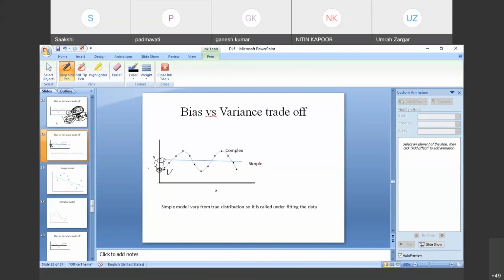So this is my error for the first data point.